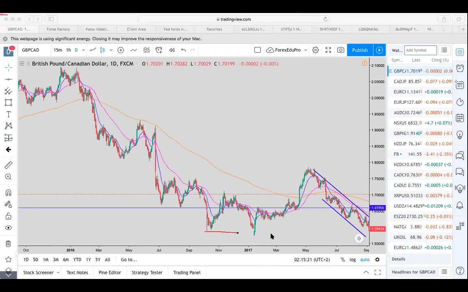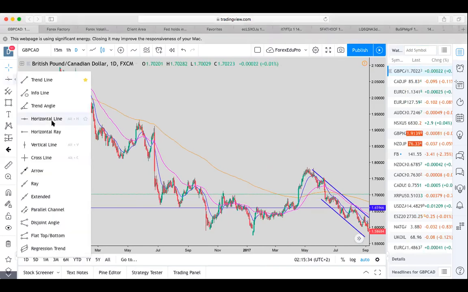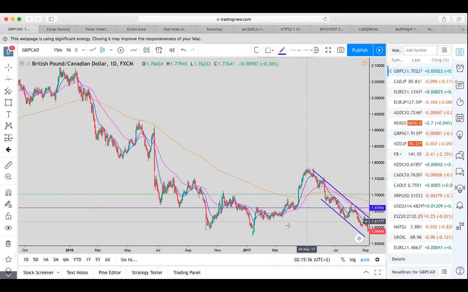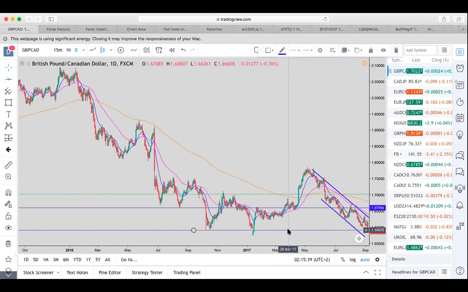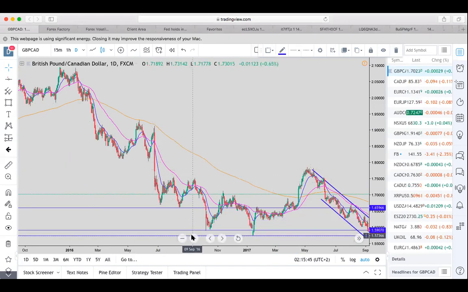So we've got this low point over here. So I'm immediately interested to plot down a horizontal line at that low level of demand over there and over there. Okay.